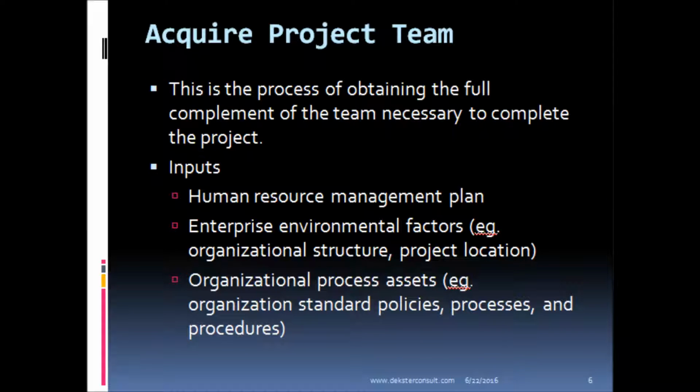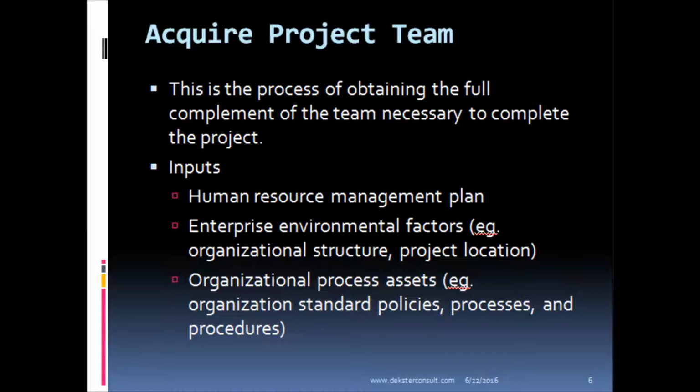Once we have our human resource management plan, we could move on to the next process, which is acquire project team. And this process talks of obtaining the full complement of the team necessary to complete our project activities. The inputs we require there, we will need our human resource management plan. We will make reference to the enterprise environmental factors.